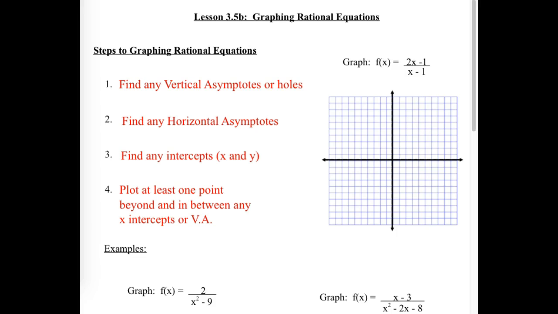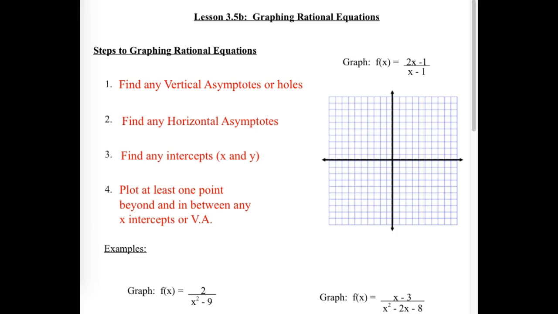Then we're going to look at finding x and y intercepts. And last, we're going to fill in a few more points to get our picture drawn. You will start to get familiar with the different types of shapes and maybe be able to predict a little bit more with just a couple points graphed. So that's kind of where we're headed.